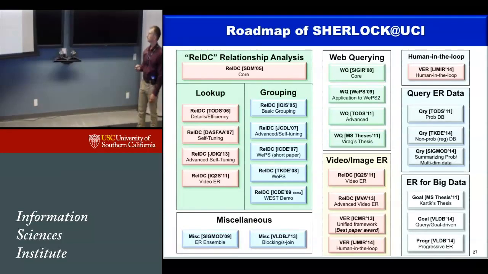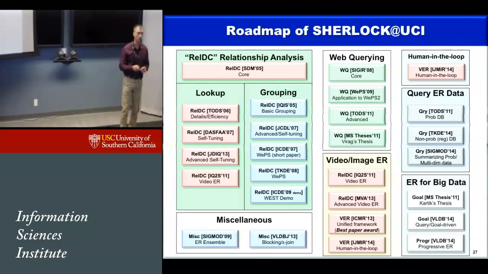We also looked at the problem of what we call video and image entity resolution. In that domain, you have a problem of person identification. Let's take Google Picasa. You have a face detection challenge where you apply Picasa, and it shows you, okay, this guy is the same as this guy.